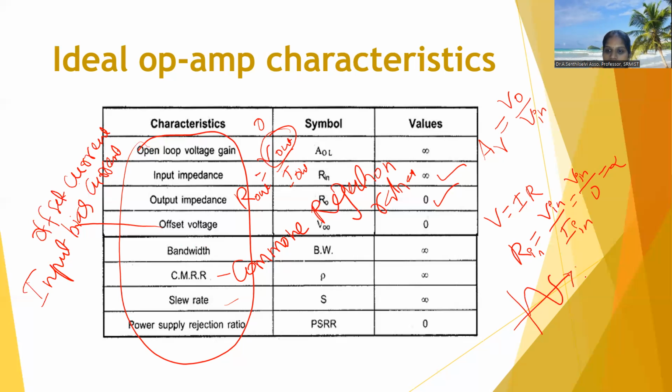There is a relationship between time and frequency: T equal to 1 by F, so F equal to 1 by T. The inverse of time is frequency. Some circuits allow only 10 hertz to 10 kilohertz, but this amplifier allows whatever the frequency, 1 hertz to infinity, hundreds of thousands, any frequency it will allow. The input frequency can be anything. That's why this frequency bandwidth is called infinite.